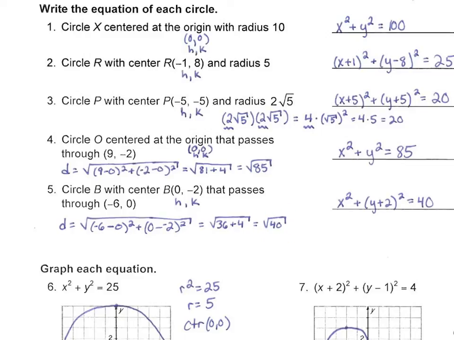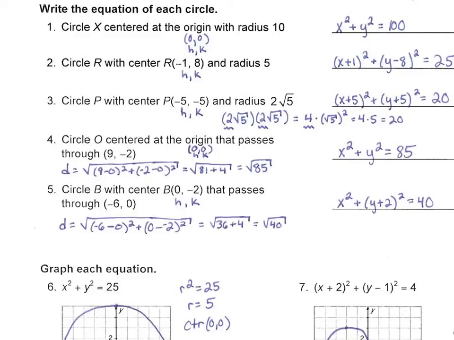So when we square the square root, we just get 40 itself, and the substitution of your h and your k gives you just x squared by itself, but y minus -2, y plus 2 all squared.